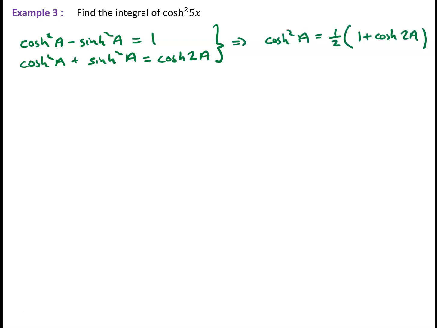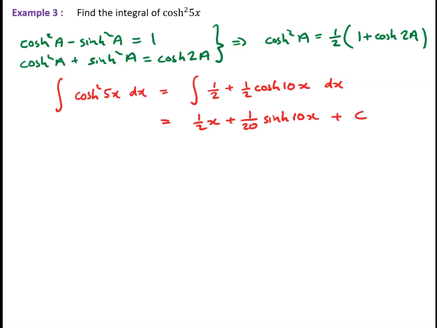In other words, cos squared a must be a half of 1 plus cos 2a. So that means that I can rewrite the integral of cos squared 5x as being the integral of a half plus a half cos 10x, which I can write down straight away as being a half x plus 1/20 of sin 10x plus the constant of integration.